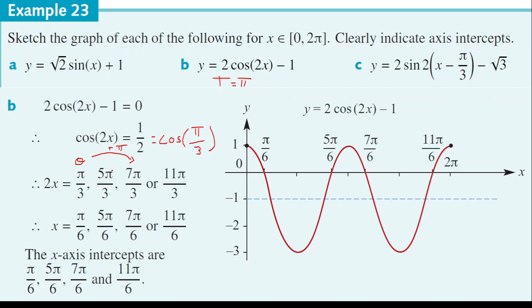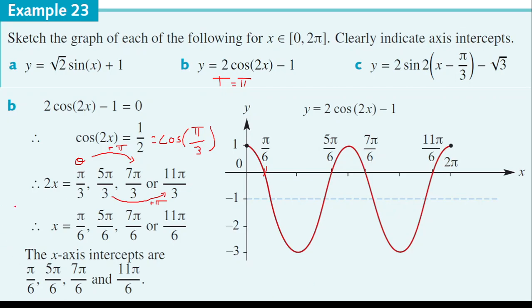The second one is coming from the fourth quadrant. You add pi to get that 11 pi on 3. That was those four solutions for 2x. You divide by 2 to make x the subject, and you get those four solutions in terms of 6, which are your four x-intercepts. So pi on 6 is this one, and the other three, and so on here.